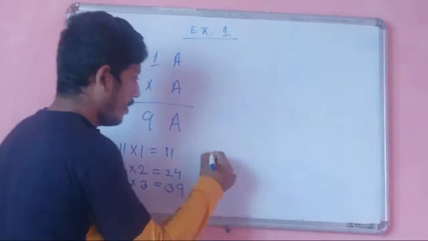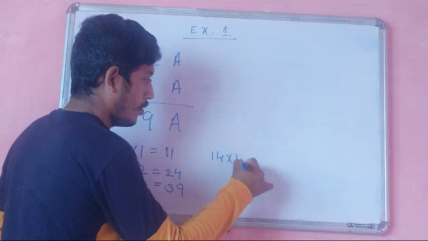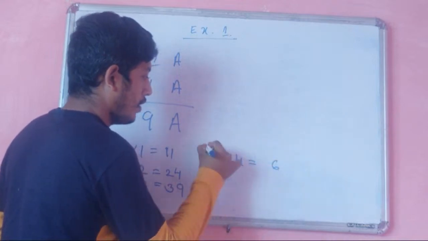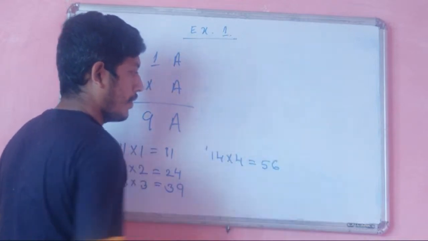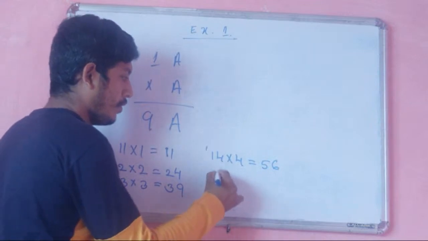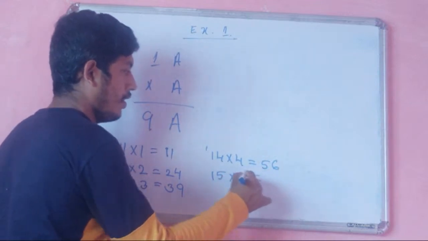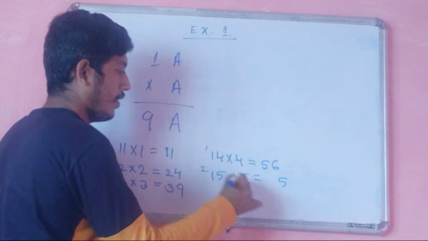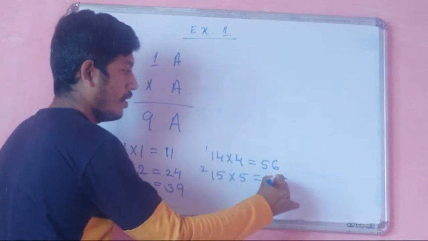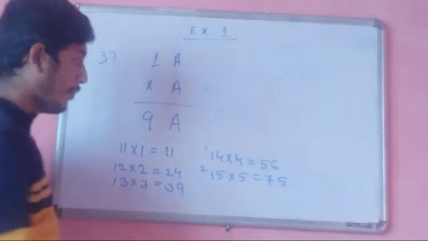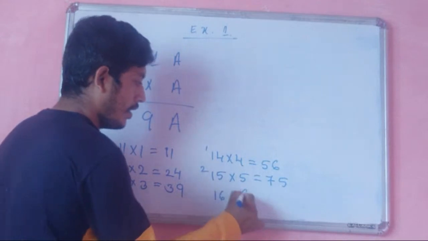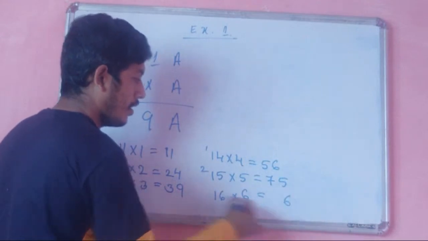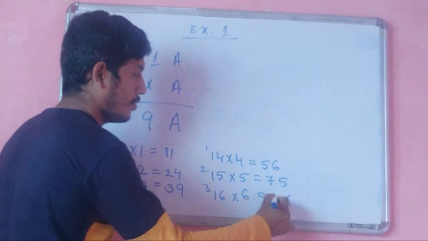If I consider 14 into 4, 4 4s are 16, 4 1s are 4 plus 1, 5. If I consider 15 into 5, 5 5s are 25, 5 1s are 5 plus 2, 7. If I consider 16 into 6, 6 6s are 36, 6 1s are 6 plus 3, 9.